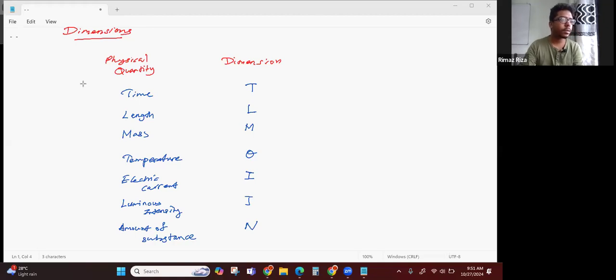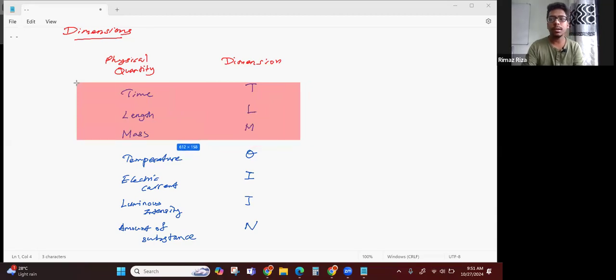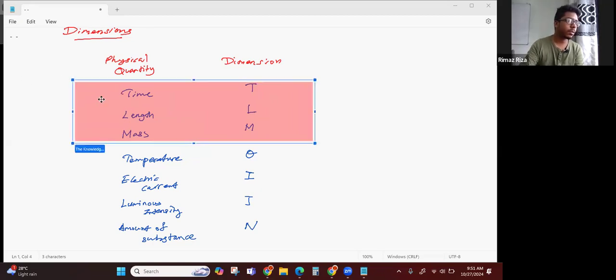Out of these, the important ones for us are these three, the dimensions used in mechanics. If they ask you a question, they will ask from these.